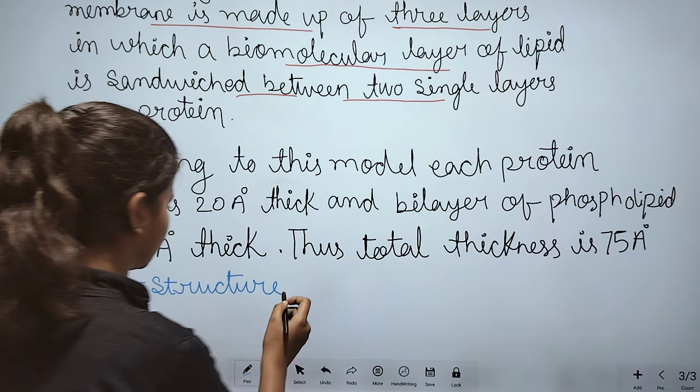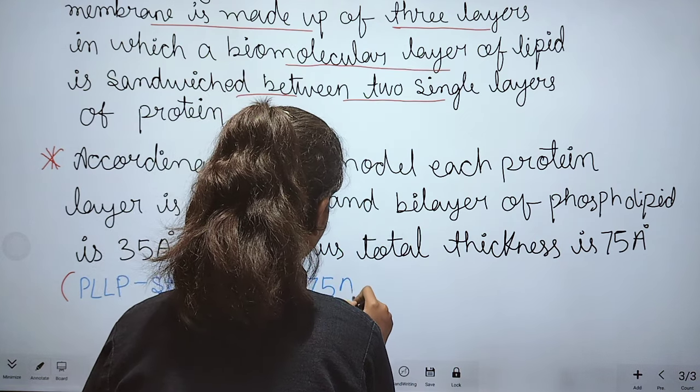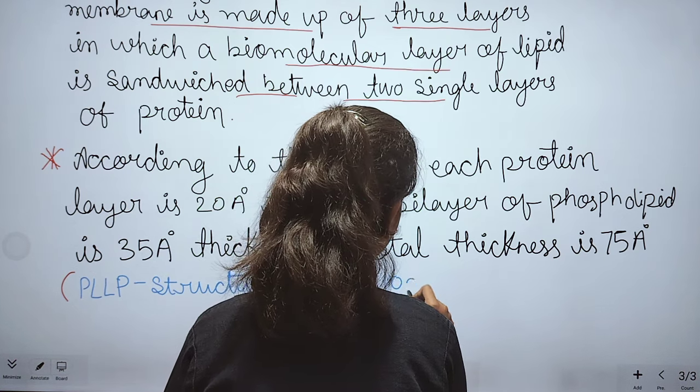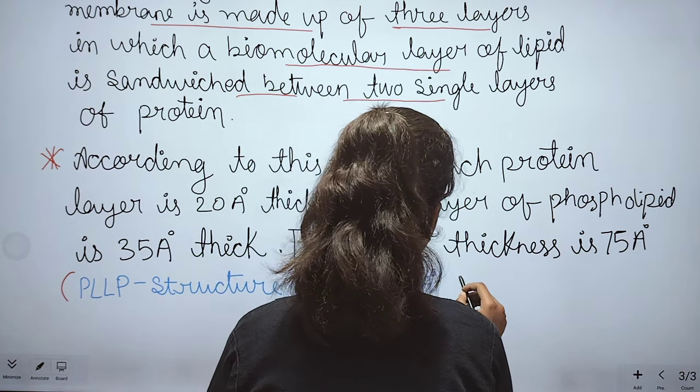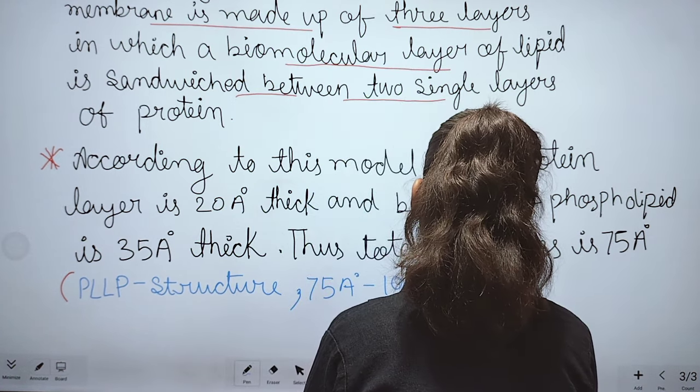And the thickness is 75 to 100 angstrom on average.